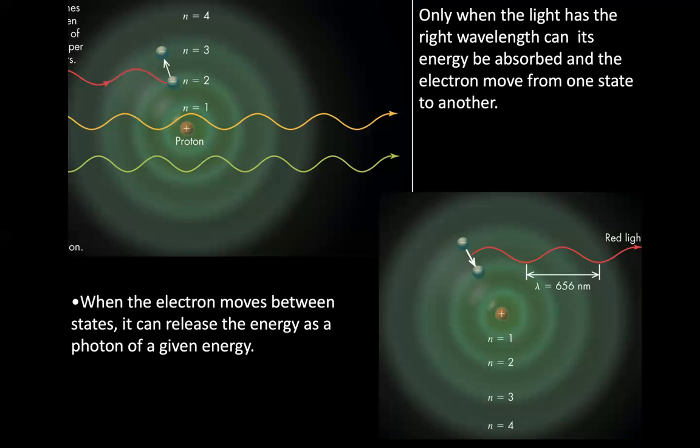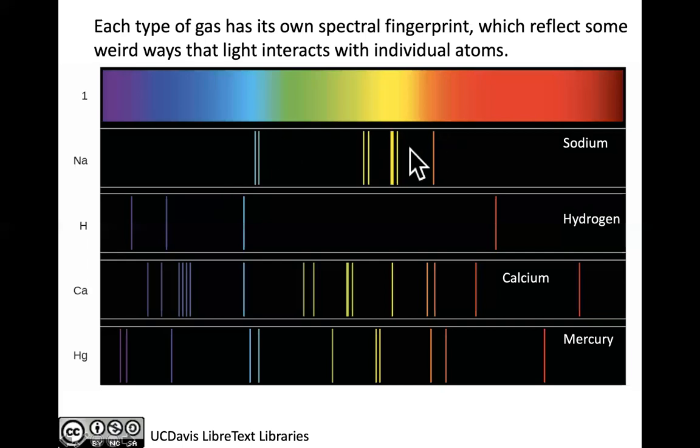Those specific wavelengths are what we are seeing here. These are the wavelengths that correspond to specific transitions between the configuration of electrons around the nucleus. So those are the only ones that are allowed.